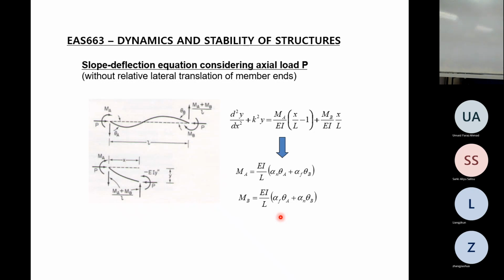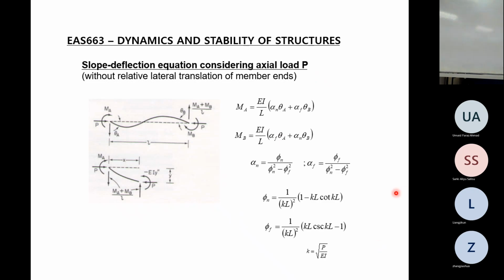So I will point out to you later where they come from. For the slope deflection equations, there are two conditions that we show here. The first one is where there is no relative lateral translation.